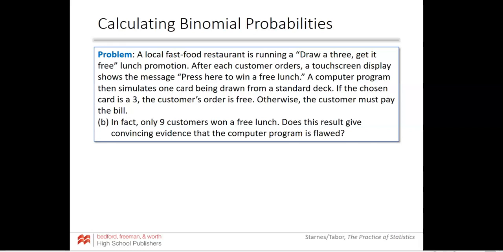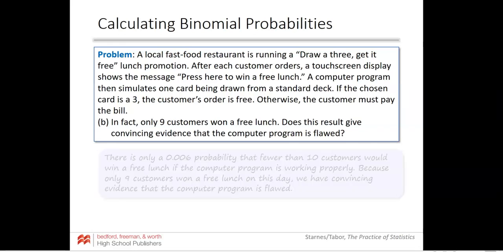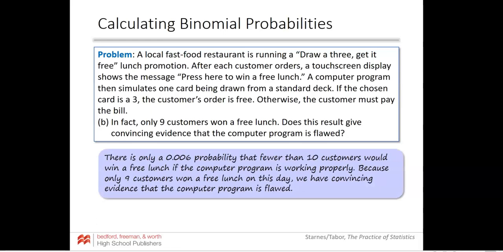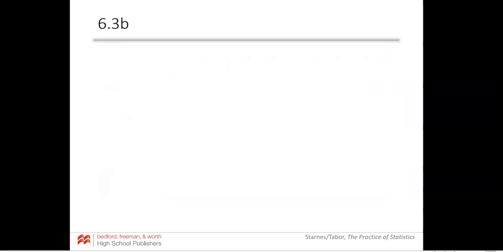So I think the computer program is wrong. It seems like this is too unlikely. It's less than a 1% chance that fewer than 10, because only 9 customers won a free lunch. I think they're scamming it here. So this program is not actually randomly working. It's just spitting out not as many winners as it should be. Okay, that's your lesson for the day.